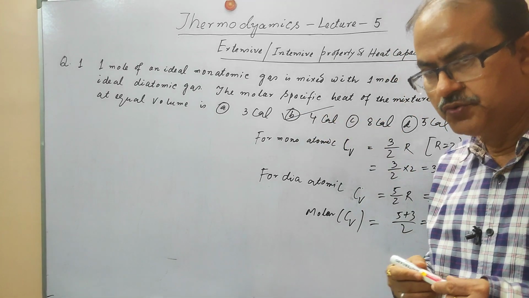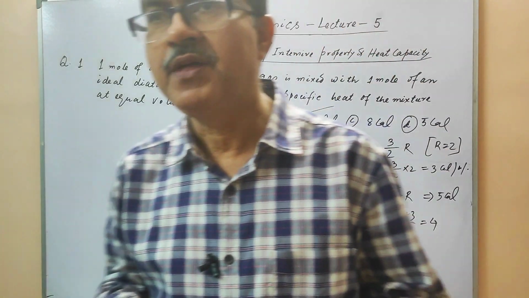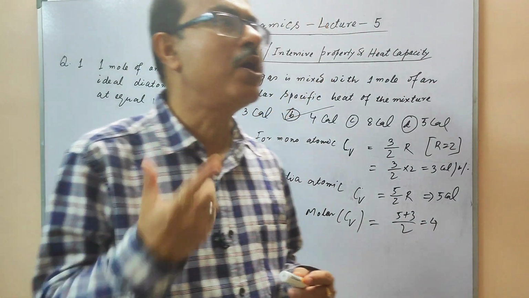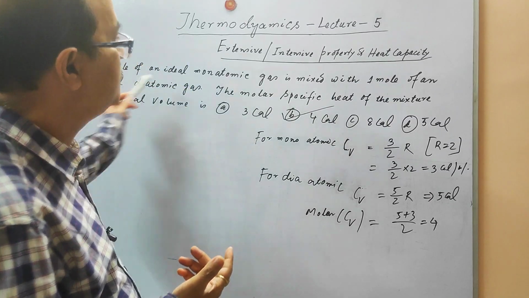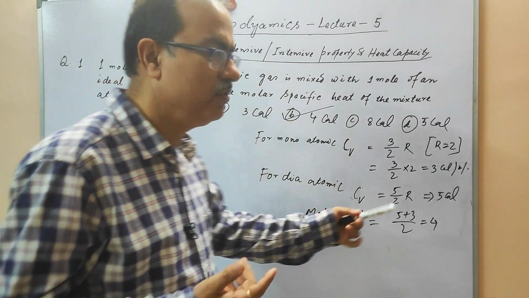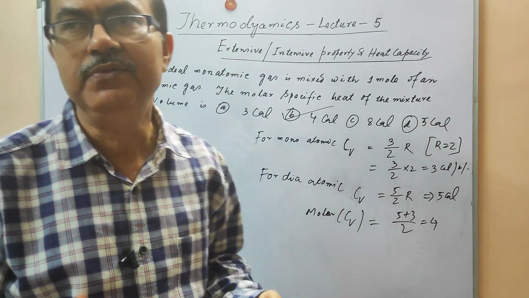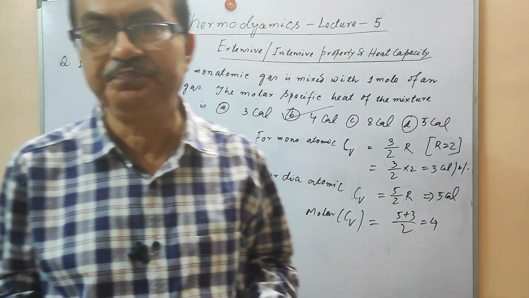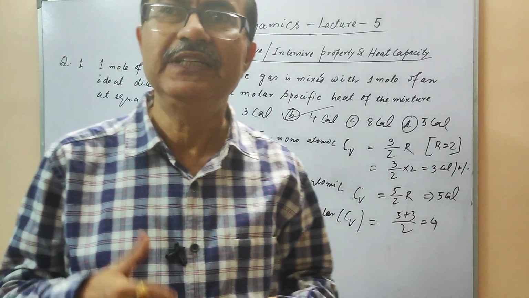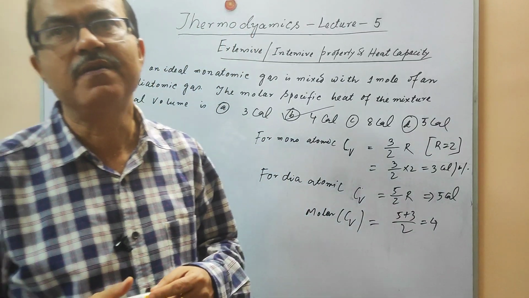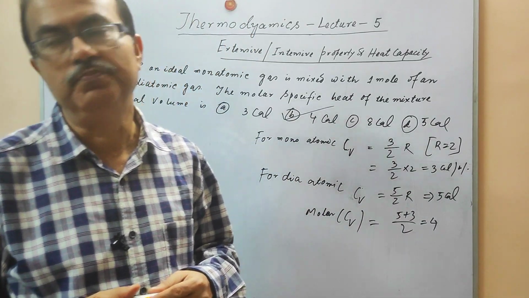So you can see, you have to remember the Cv for the monoatomic gas and Cv for the diatomic gas, from that you can calculate easily. The average of these two things will be this mixture's molar specific heat at constant volume.